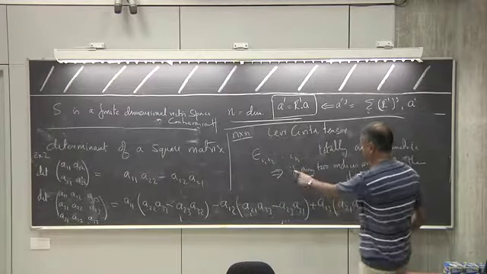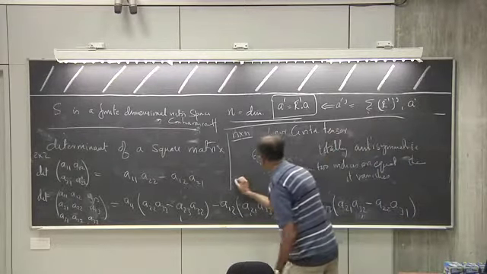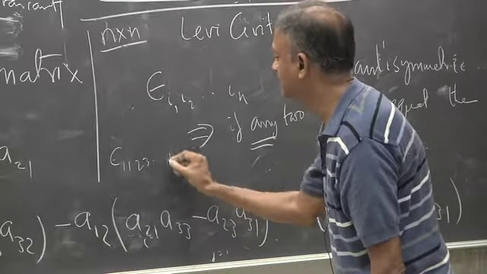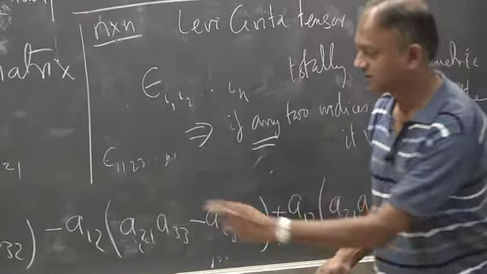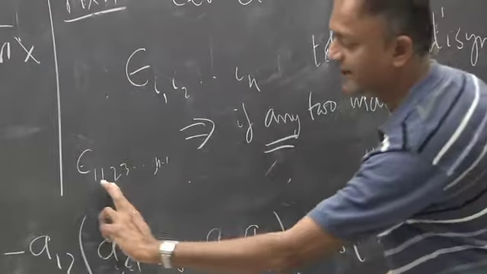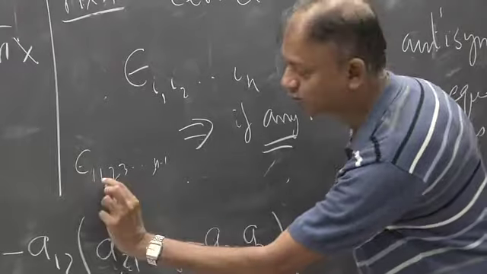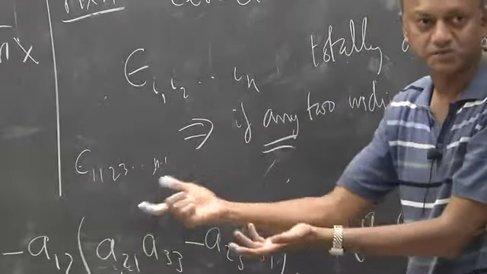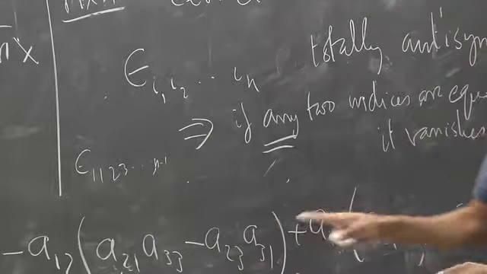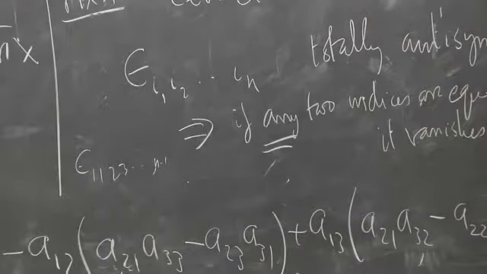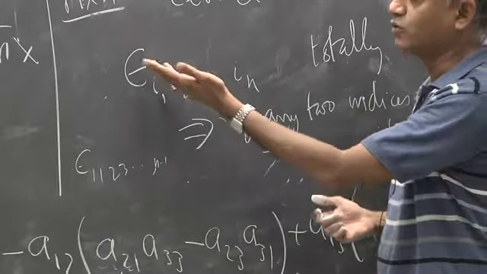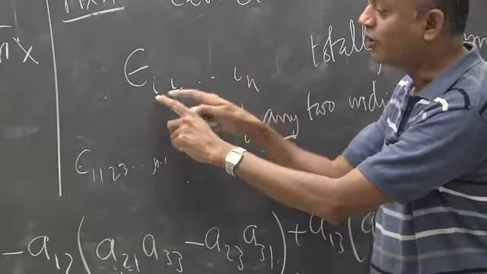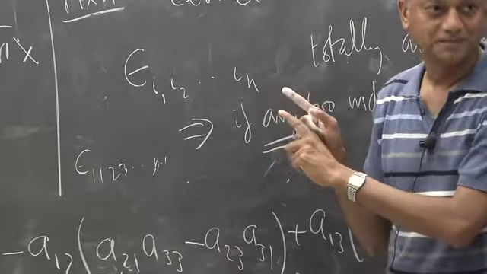Okay. And what we are saying is that, for example, if I take epsilon 1, 1, and then 2, 3, up to n minus 1, this is 0. Since it's totally antisymmetric, if I exchange these two, I should get the minus of the original thing, but that means it must be 0, right? So any two indices, if they're equal, it is 0. So for this to be non-zero, all these indices must be different from each other.